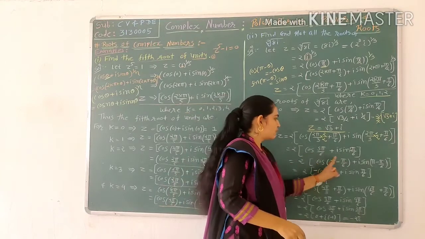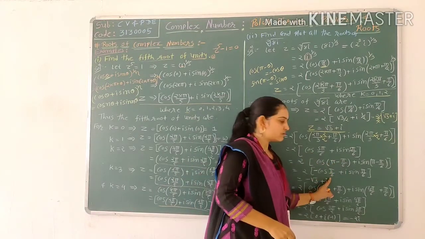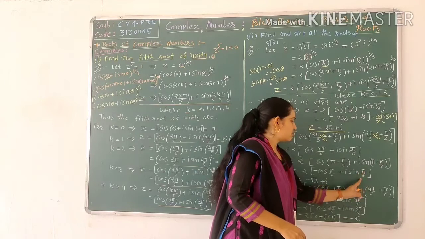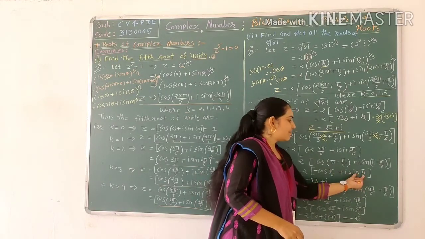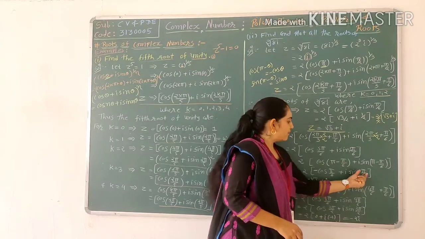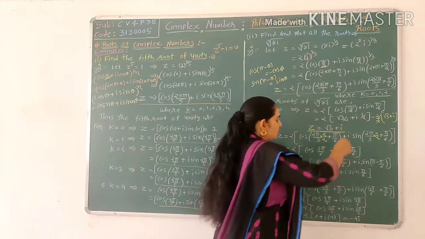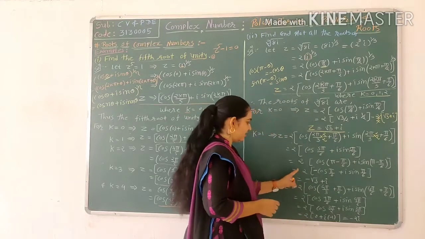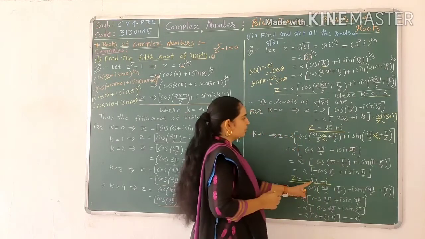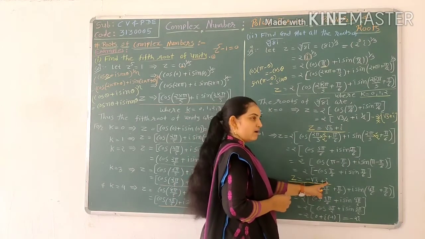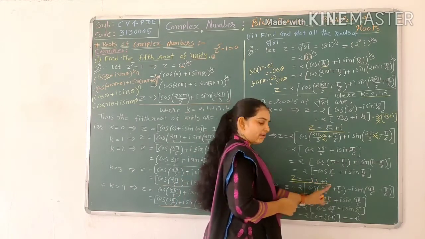Therefore, we can write −cos π/6 + i sin π/6. Now cos π/6 is root 3 by 2 and sin π/6 is 1 by 2. Therefore 1 by 2 is common and the 2 cancels, so we find z = −root 3 + i.